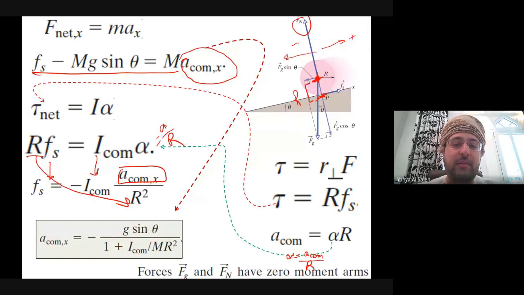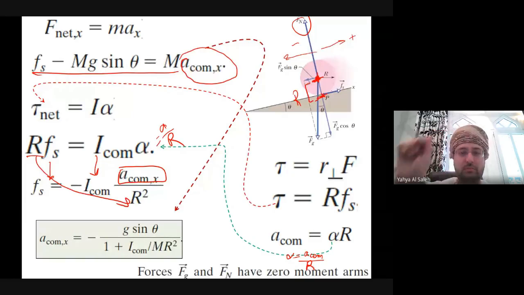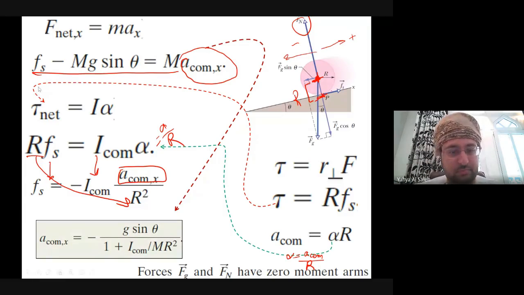Minus because the direction of the movement is clockwise. Mariam, it depends. If there is another force anywhere but the center of mass, which is also the center of friction, center of rotation, we take it. But in this example, we only have one force which is not at the center of rotation, which is friction.